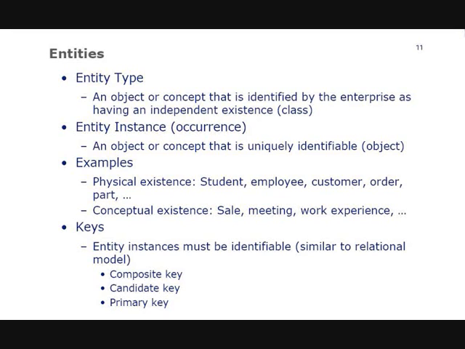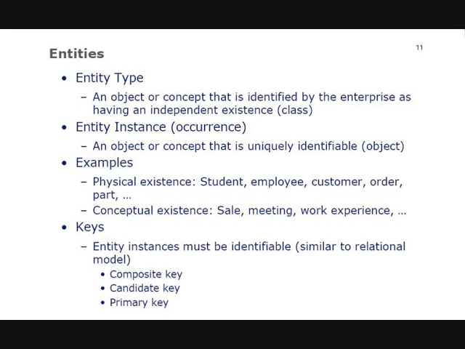So a student is an entity type, a generic student, whereas one particular student, let's say John Smith, if there is such a student with a particular student number, is an entity occurrence. So there is a type, which is the generic thing, and there is an occurrence, which is one specific object in the domain that we are trying to implement.